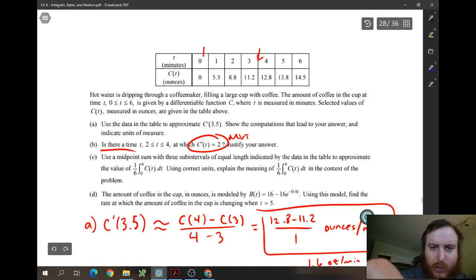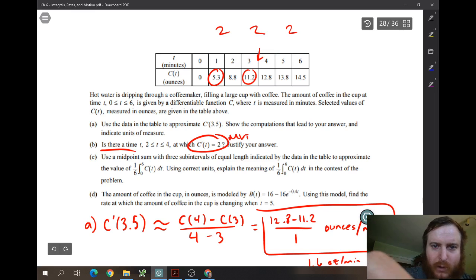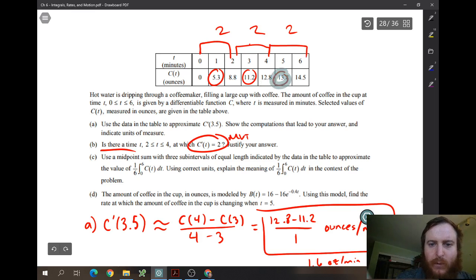So 3 subintervals. This is distance of 2, distance of 2, distance of 2, and our middle would be 5.3. The middle between 2 and 4 would be 11.2. I drew those badly: 0 to 2, 2 to 4, and then 4 to 6. In the middle of 4 and 6 would be the 13.8.